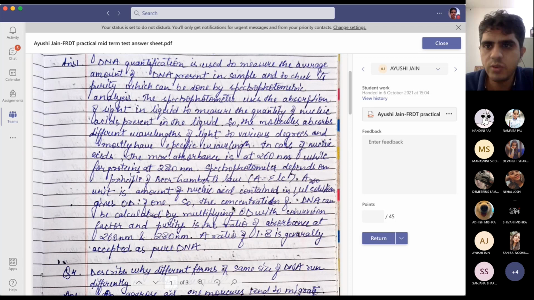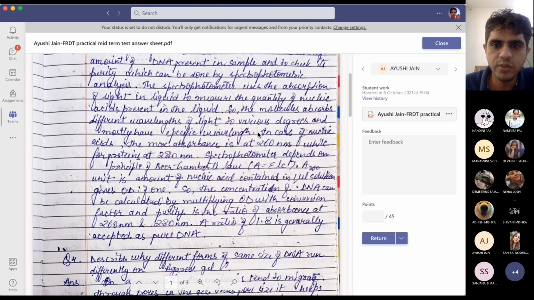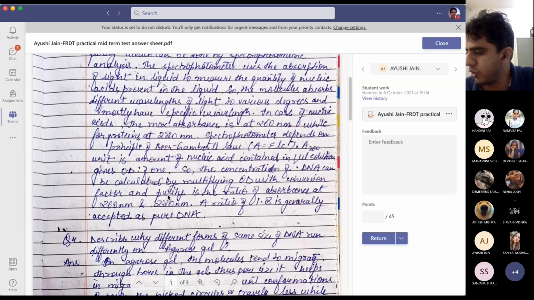One thing Ayushi didn't mention is what amount an OD of 1 is equal to. That is the multiplying conversion factor, which is missing. The principle you have defined well, Beer's law. So for this, 4.5.